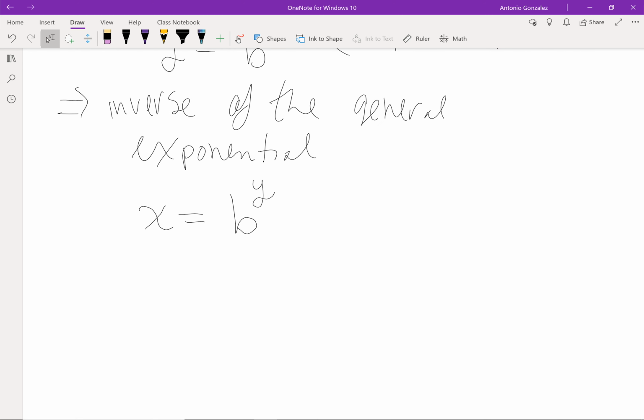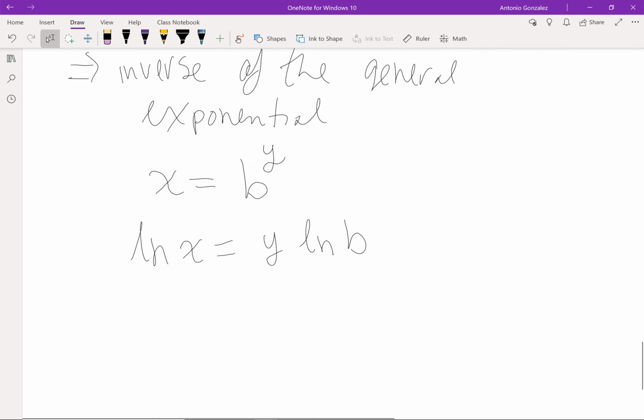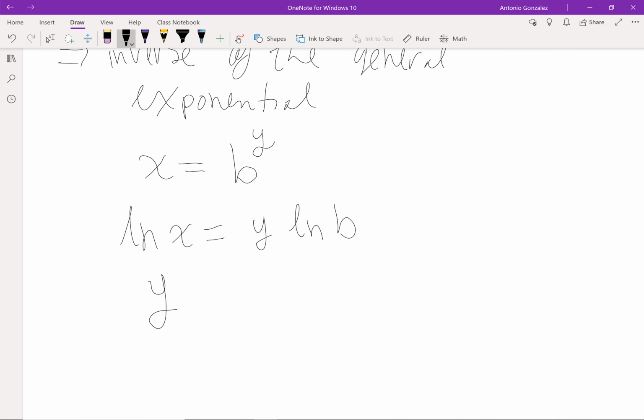We'll take the natural log of b, and solving for y we quickly get y equals natural log of x over natural log of b. So this is our inverse.